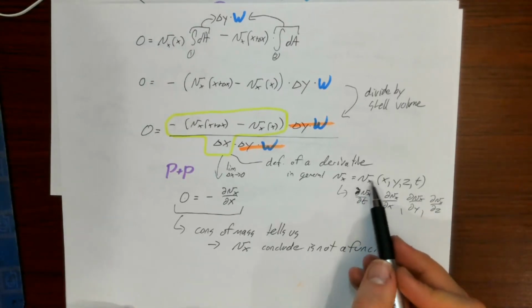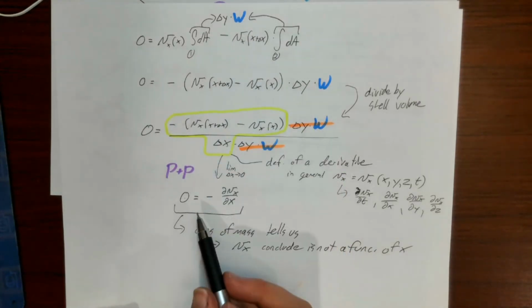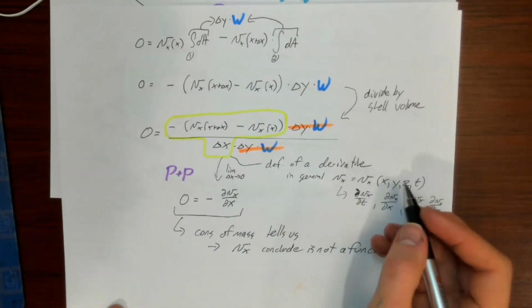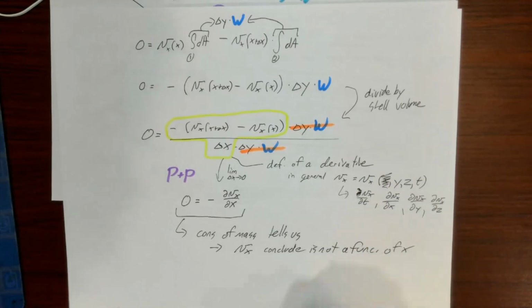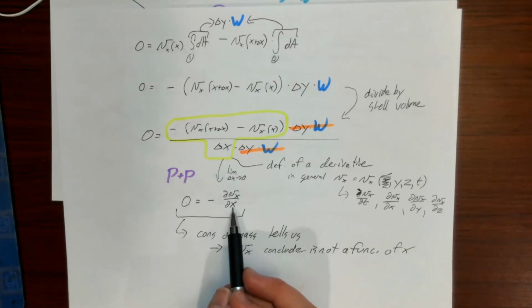So in general, Vx could be a function of all of these things, but from our result from conservation of mass, we can say that in this case it's actually not going to be a function of x, because conservation of mass told us that dVx/dx is 0.